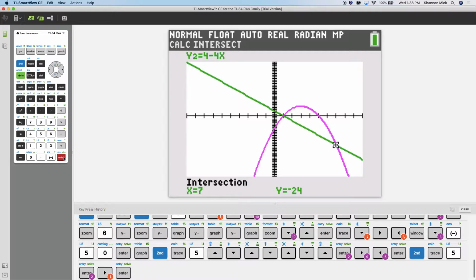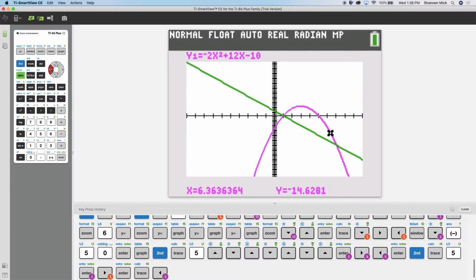I know this quadratic equation opens down because it was a negative 2x squared. But what else might help me draw a better picture? Well, the range, but the vertex. Yeah, the range, the vertex. So I'm going to do what to help me find that? I can hit trace. Watch.